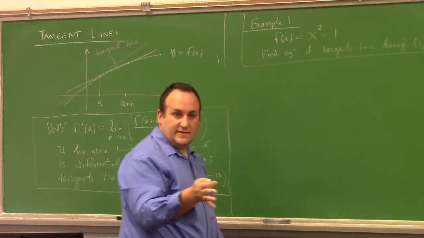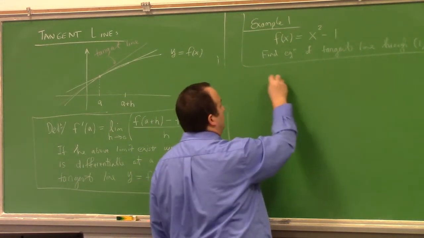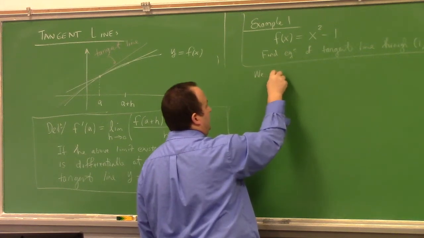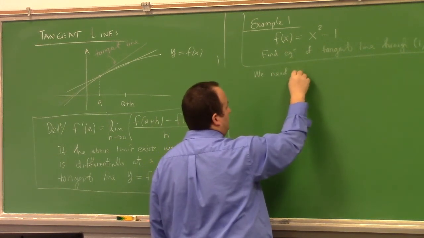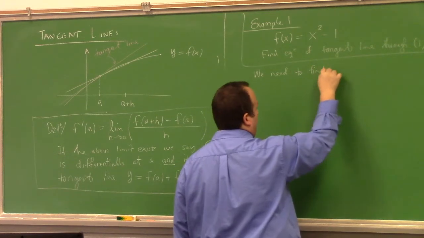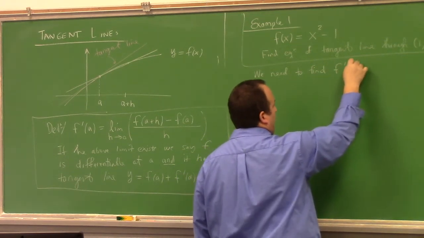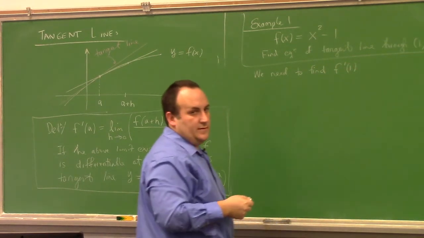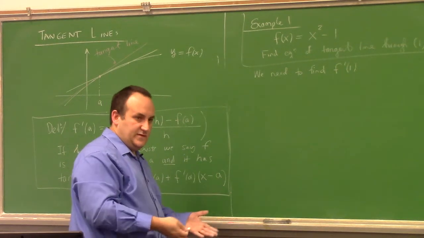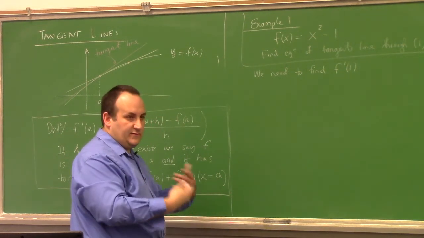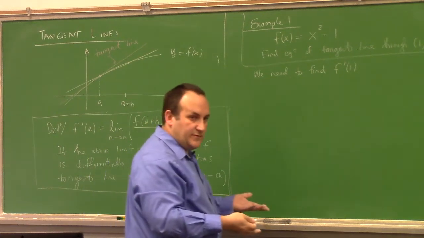Okay, so let's calculate f prime of 1 then. We need to find the slope of the tangent line. f prime of 1, it's the slope of the tangent line. You can also say it's the derivative of the function at 1. These are both true.